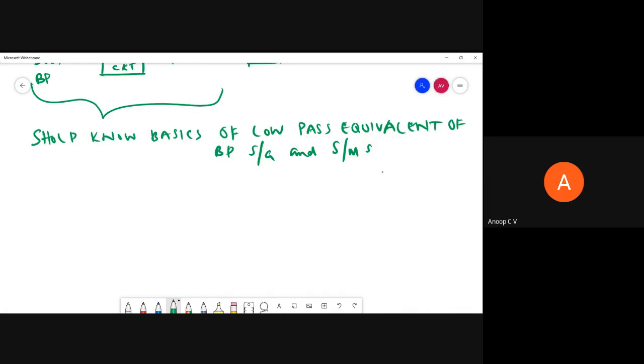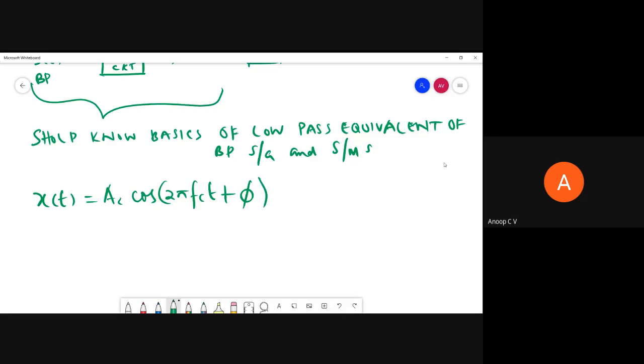So for that, we will just see a simple example initially. I'll consider a signal x of t, which is A_c cos(2 pi f_c t plus phi).